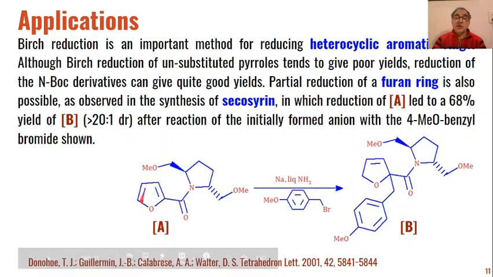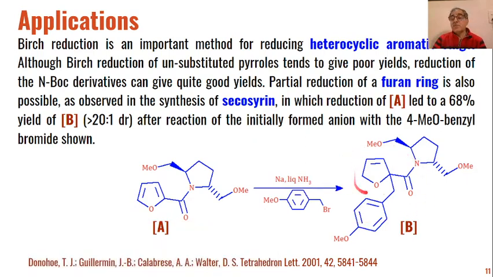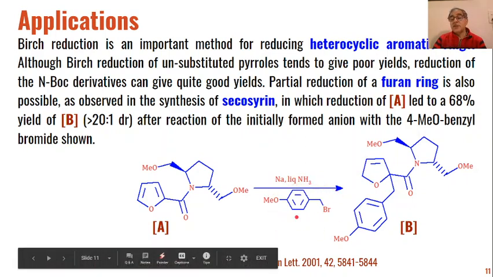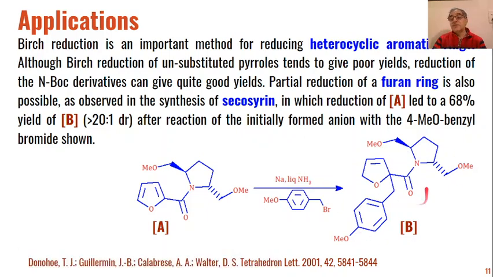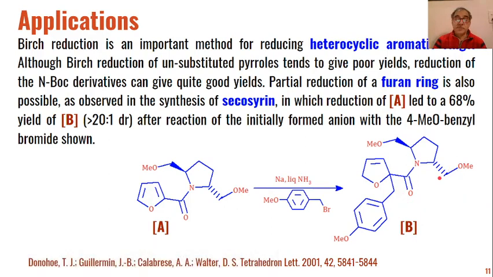So one of the double bond will be reduced, and we will get this type of dihydrofuran, and in presence of this paramethoxybenzyl bromide, this will undergo alkylation to give us this type of stereoselective product. So the product formed is a very stereoselective product. As we start with optically active reactant, we are getting only optically active product.